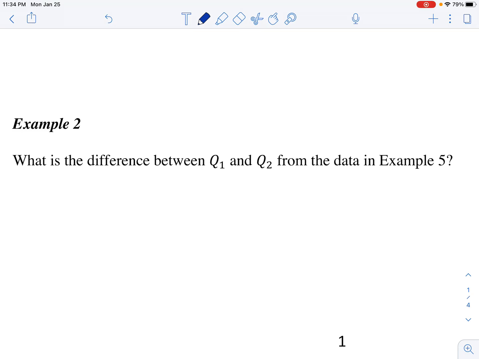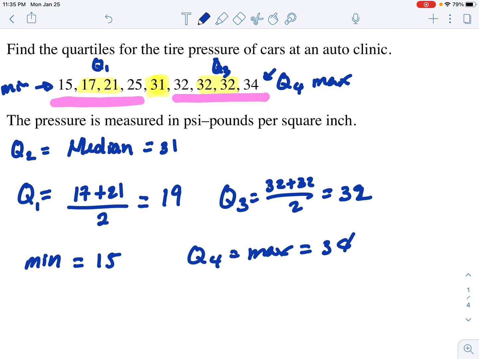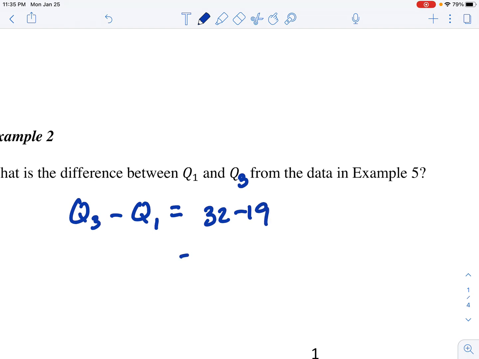Okay, it's actually supposed to be Q3. Sorry about that typo. Q3. All right, so here our Q3 is 32, our Q1 is 19. So we get Q3 minus Q1, which equals 32 minus 19, and that equals 13.